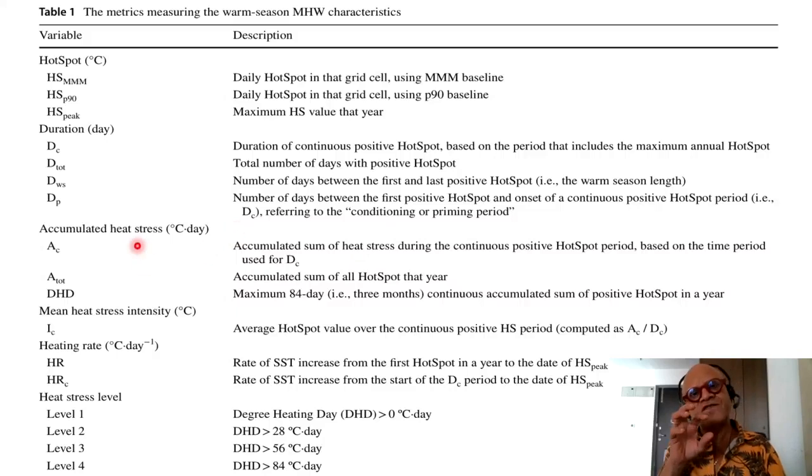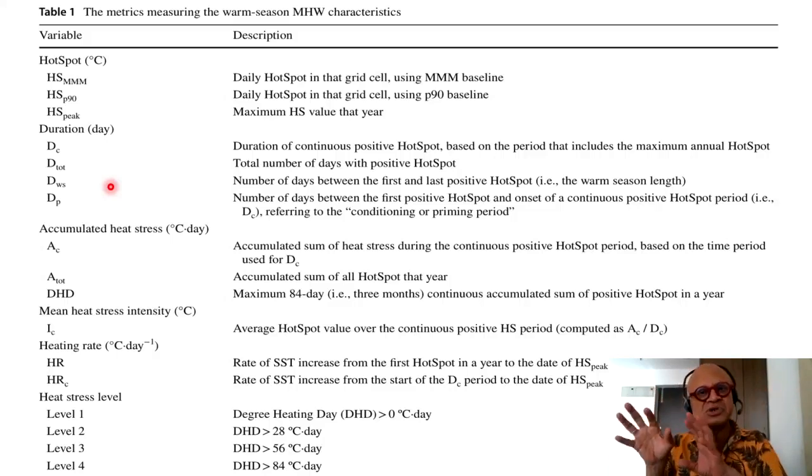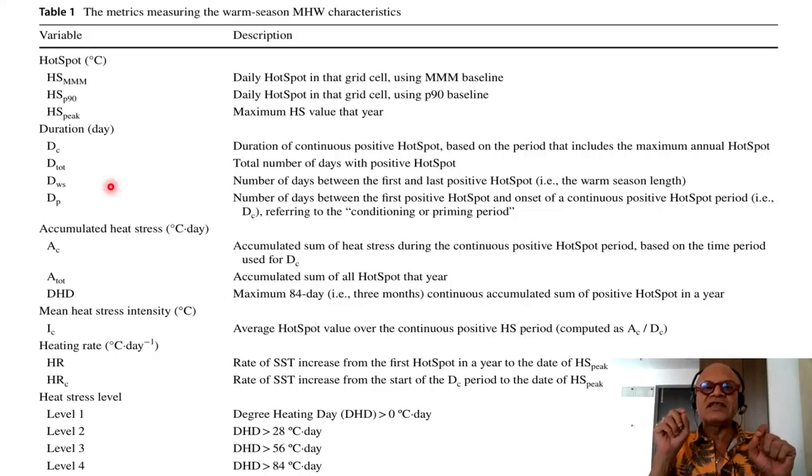I hope the idea of degree heating days and degree cooling days, in this case duration of hotspot days and so on, is obvious. It's easier to explain in terms of what is done in the energy industry. For example, they have a concept of cooling degree days, which means, let's say everybody prefers a temperature of 25 degrees centigrade or something like 70 degrees Fahrenheit.